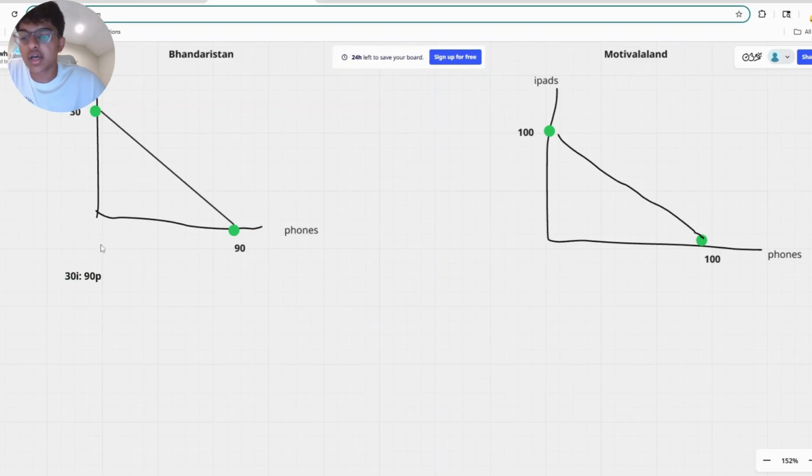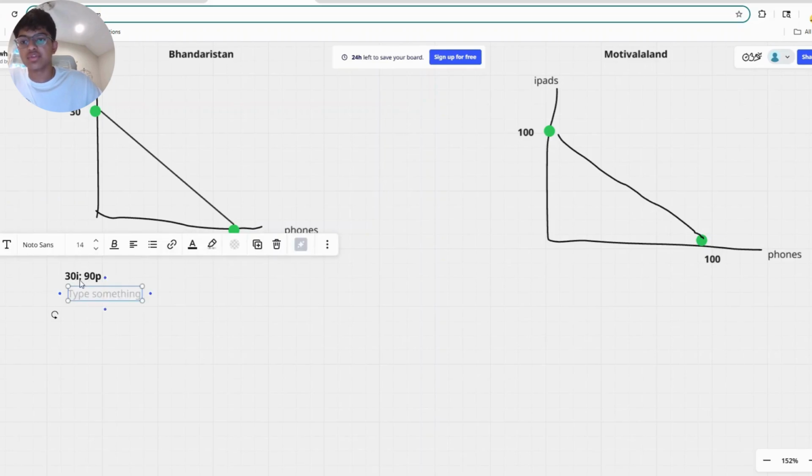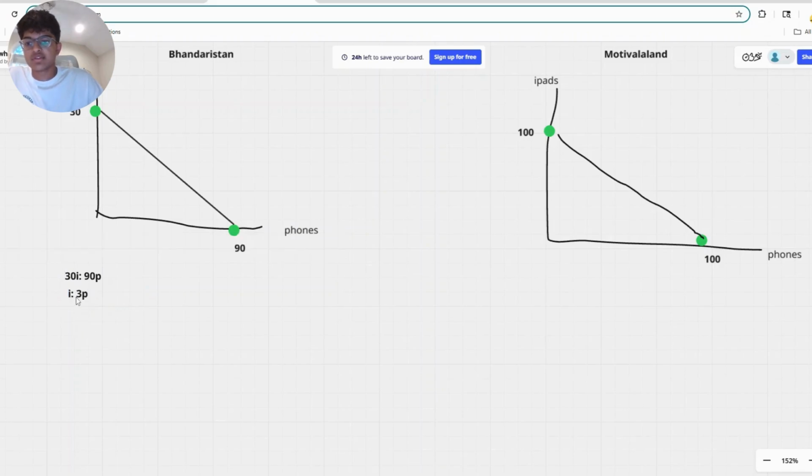So what's the opportunity cost of producing one iPad in Bandaristan? Well, if you do the marginal analysis and you divide, the idea is to get it to one iPad, right? So you divide both of these by 30 and you get one iPad, three phones. So the opportunity cost of producing one iPad in Bandaristan is three phones.